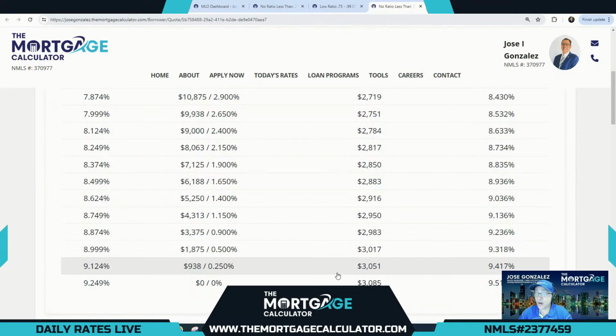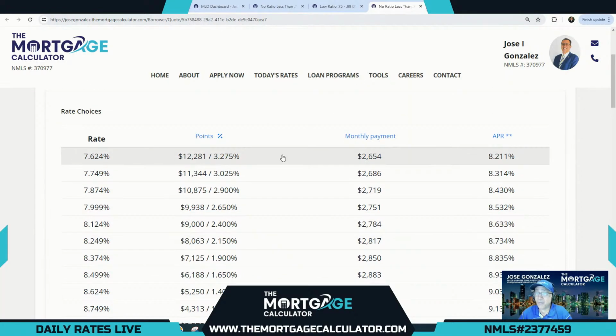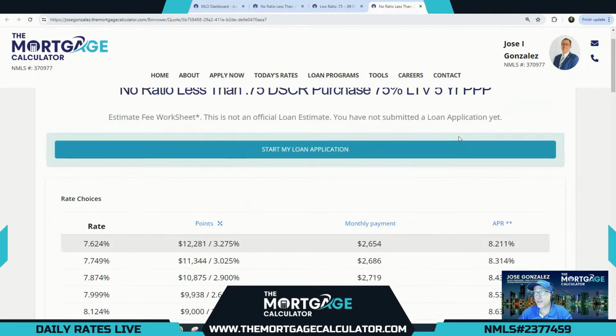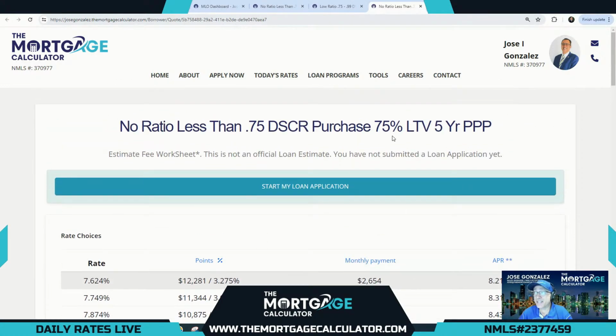And the rates are good. 9.249 is at par. And you can still buy that down to 7.624. And remember, this is still 75% LTV for less than 0.75 DSCR. No ratio option purchase.